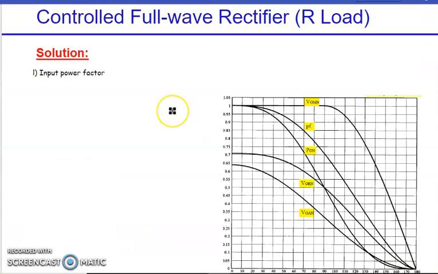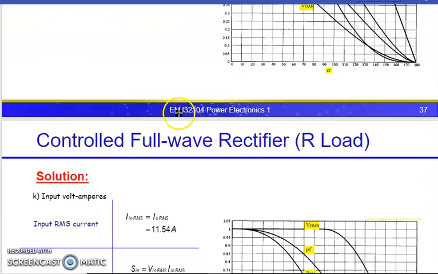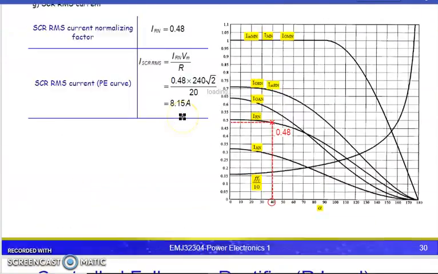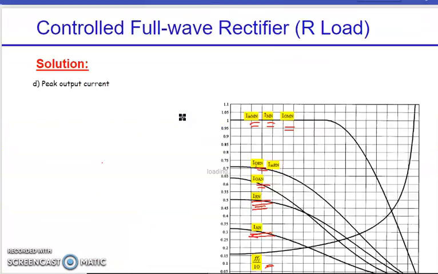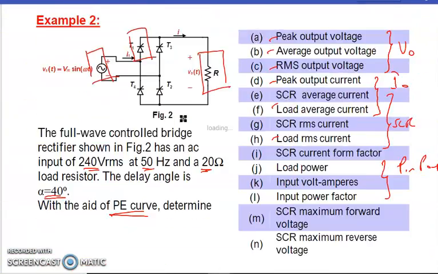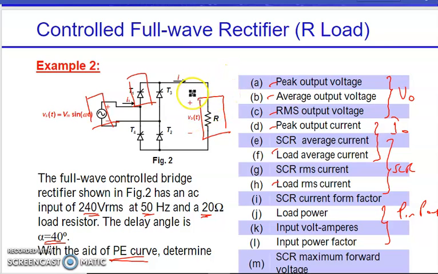Okay, that's all for the PA curve usage inside our full bridge rectifier converter. Once you get this kind of scenario, you have to characterize every parameter using the PA curve: V, I, P of output, V, I, P of input in terms of average, RMS, peak, and also voltage and current of our device.